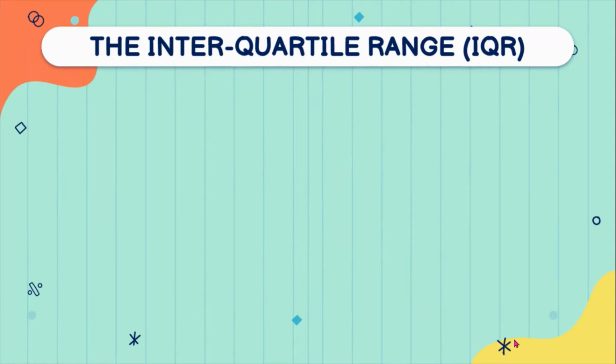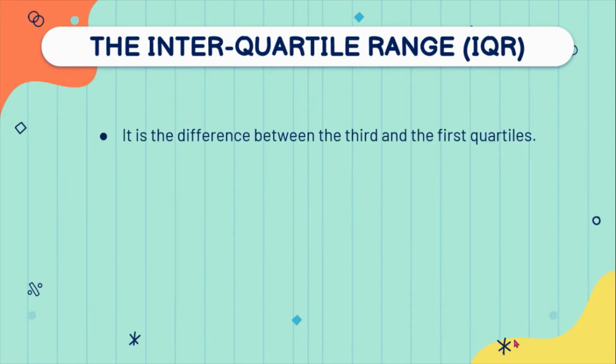So we have here the interquartile range. What do we mean by interquartile range, or IQR? It is the difference between the third and the first quartiles, denoted by IQR = Q sub 3 minus Q sub 1.